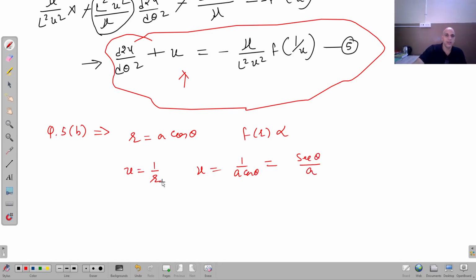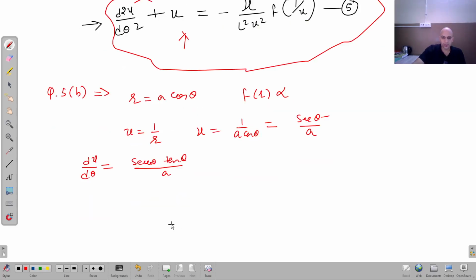So this is u. Now what do I need? I need d square u upon d theta square. For that, first of all, du upon d theta. I am differentiating this. a is constant, and the differentiation of secant theta is secant theta tan theta, divided by a. This is the differentiation, right?